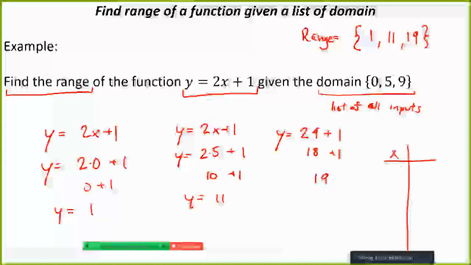Our x's, our inputs would have been 0, 5, and 9. And then our outputs, our range numbers, we just found 1, 11, 19. Just so that you see the connection between the different formats, the table, the list, or we could graph these if we needed to.